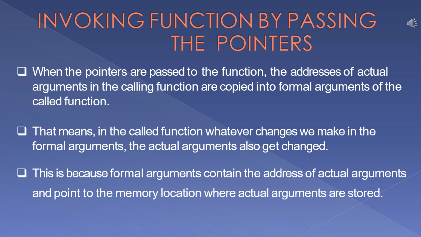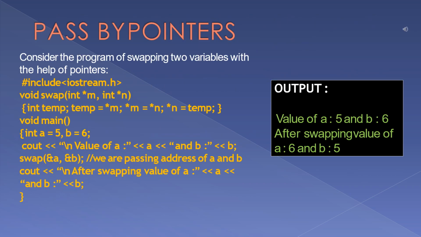Any change in the formal arguments using pointers will be reflected back in the actual arguments. We can explain pass by pointers using a small program of swapping two variables. Swap is a function, m and n are pointers, and temp is a temporary variable.